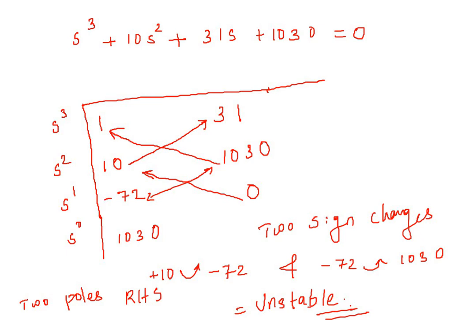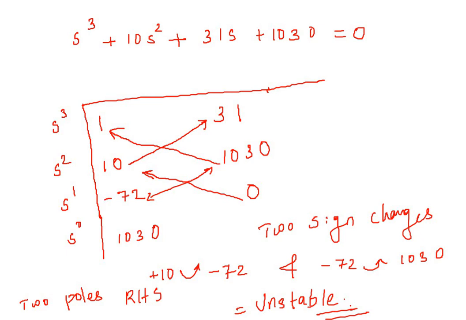If any one pole is lying in the RHS, the system is unstable. From Routh-Hurwitz criterion we can easily assess the stability, but the drawback is that you only get how many poles are lying in the RHS of the S plane. We will not get any information about the location of poles. That is the drawback of Routh-Hurwitz criterion.